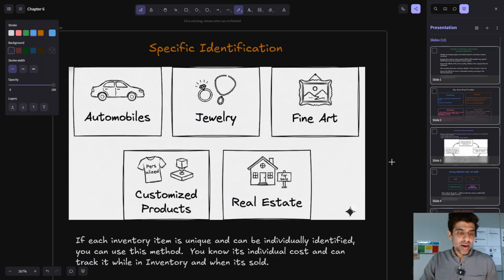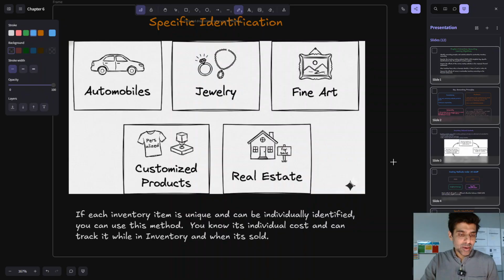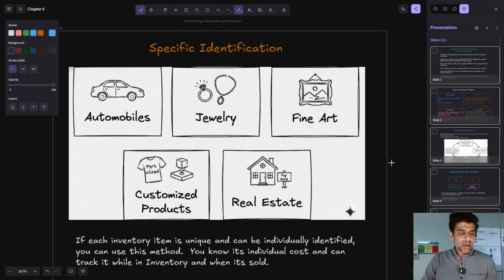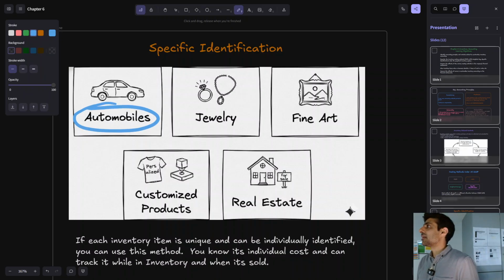Okay, so specific identification. It's for when you can, as the name implies, specifically identify each unit in your inventory. How are automobiles identified? Uniquely. What is the unique identifier called? Yeah, the VIN number.